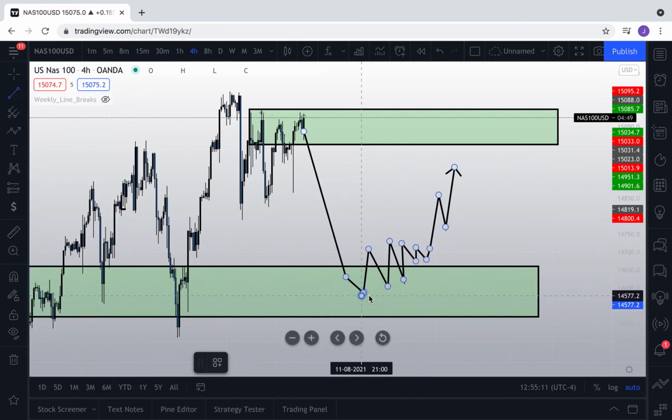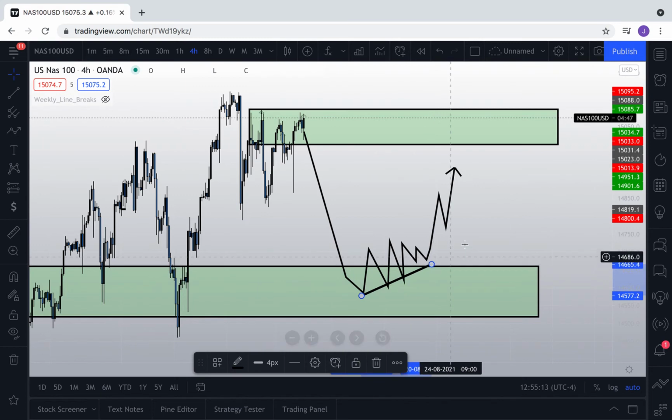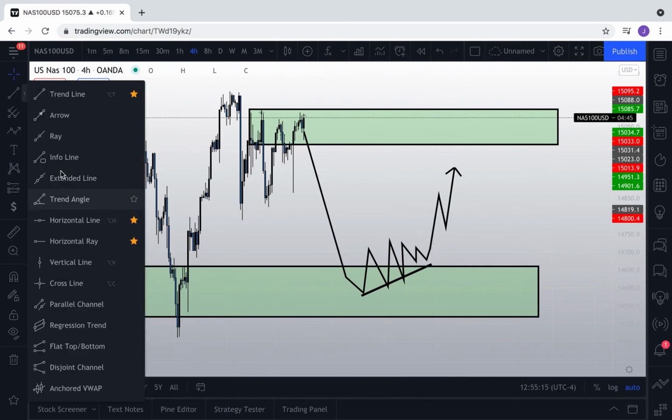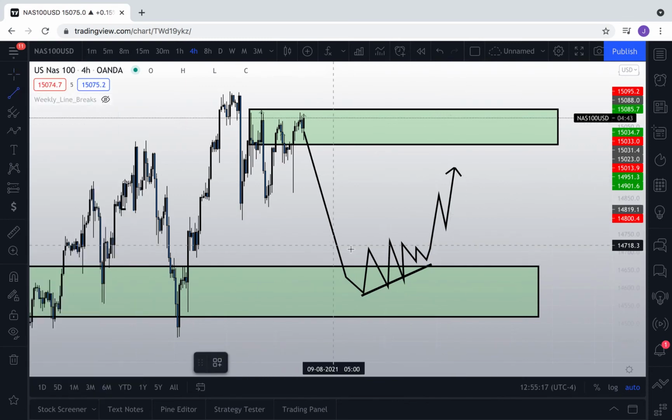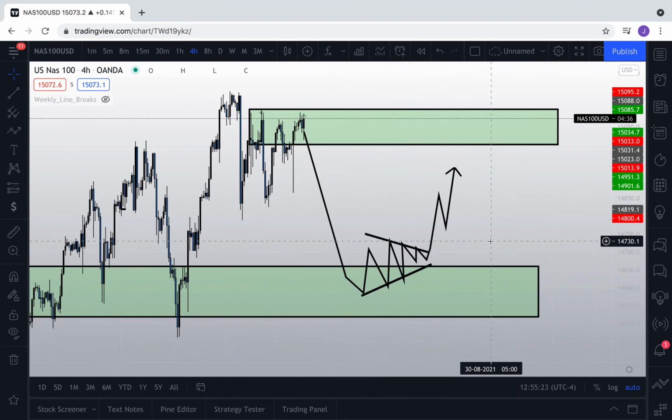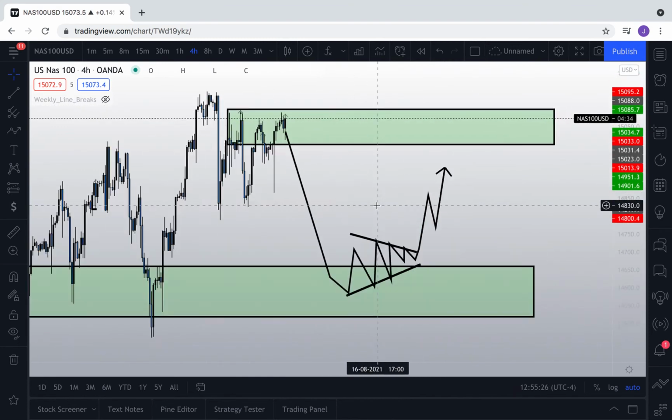It's an ugly wedge, but just trying to show y'all the different ways, or essentially the same way. It's kind of a wedge pattern to get involved.